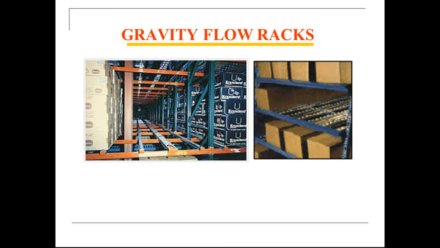Here's the gravity flow rack. This is how it works. Some of the soda machines usually still use this type of gravity flow in their design. And the idea is you have some type of inclination here. So when you pull one of the items, the other one will move to the front.